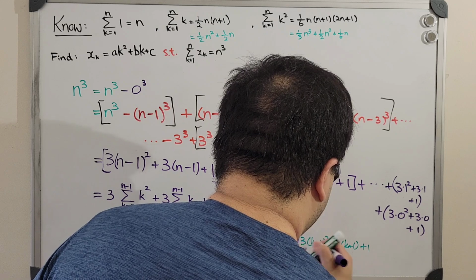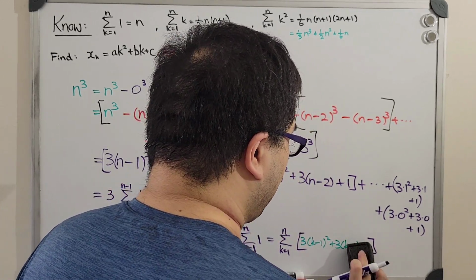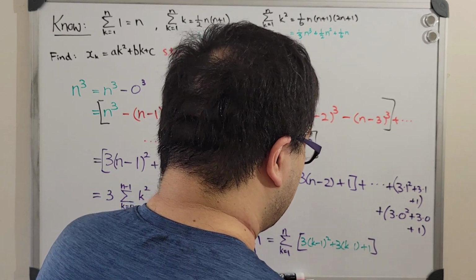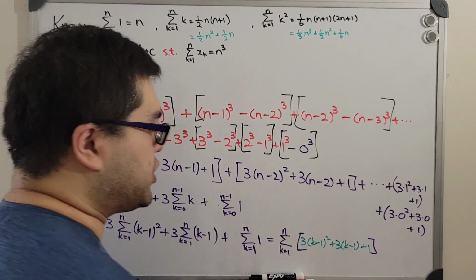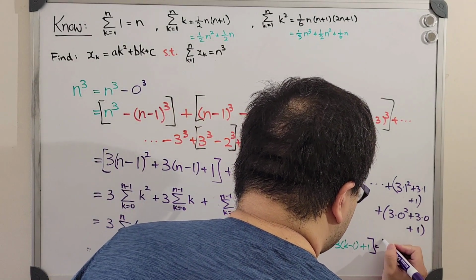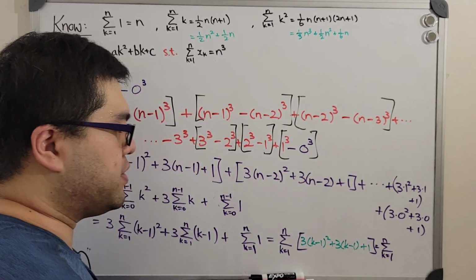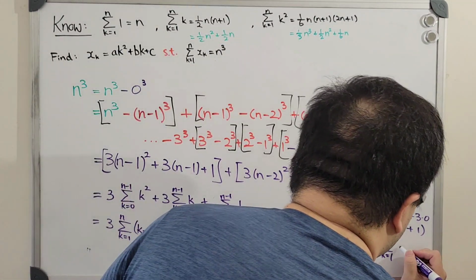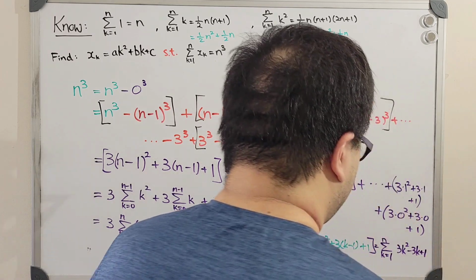And then we just need to simplify this expression in green, inside of the brackets, so that we actually get the finite sum from k equals 1 to n of 3k squared minus 3k plus 1.